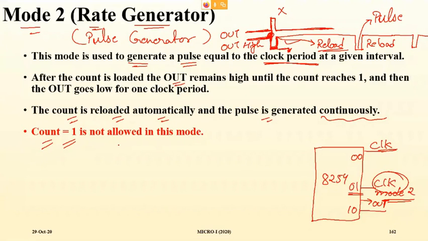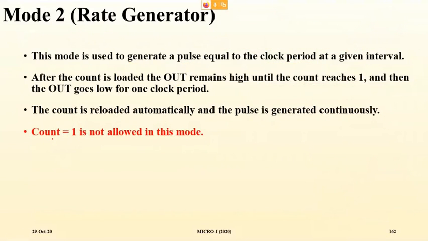You can go for any other count, because here it says until it reaches 1. So if you load it with 1, then definitely always the output will be low, which is not allowed. This is what mode 2 is all about.